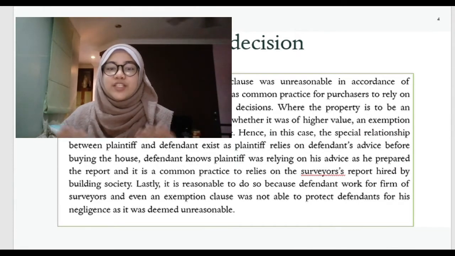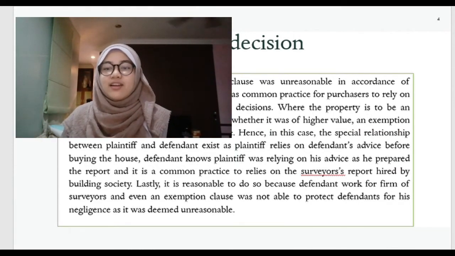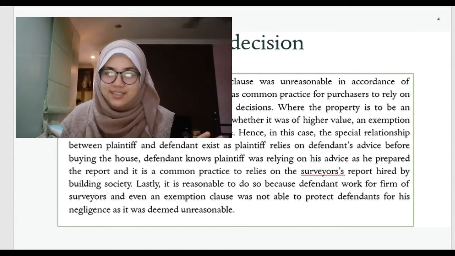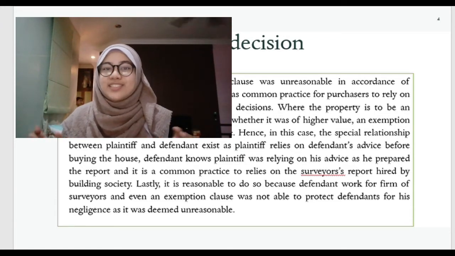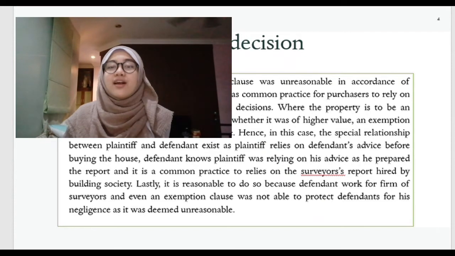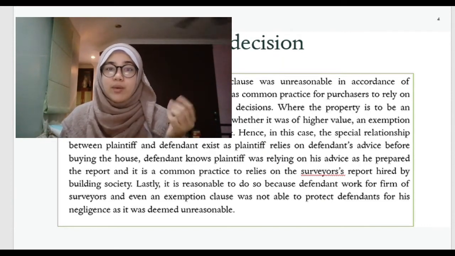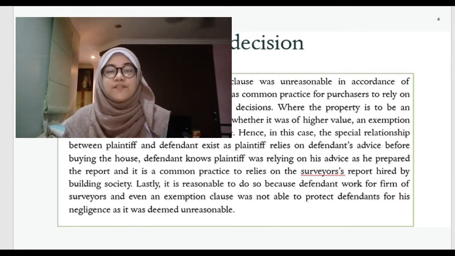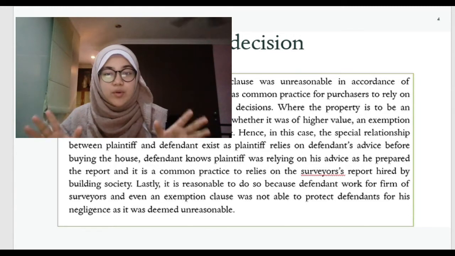Hence, in this case, the special relationship between plaintiff and defendant exists as the plaintiff relied on the defendant's report before buying the house, and the defendant knows that the plaintiff relies on his report because it was common practice.